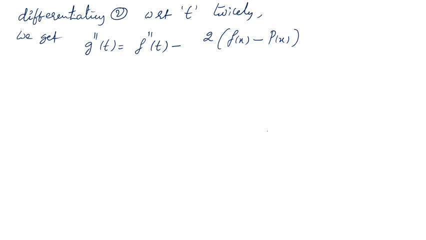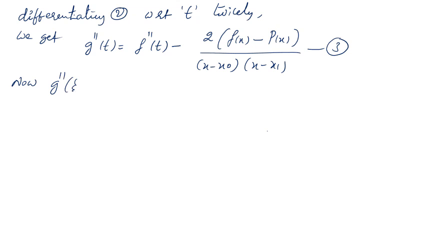The x terms are constants when I differentiate with respect to t. And this is divided by (x minus x0) into (x minus x1). This is equation 3.